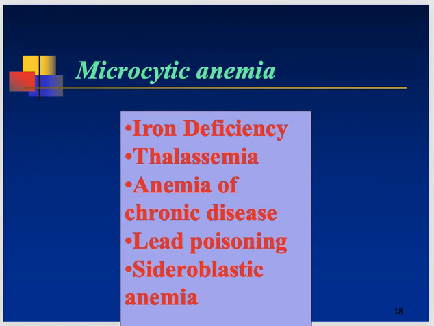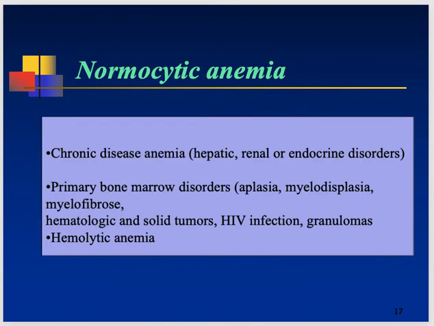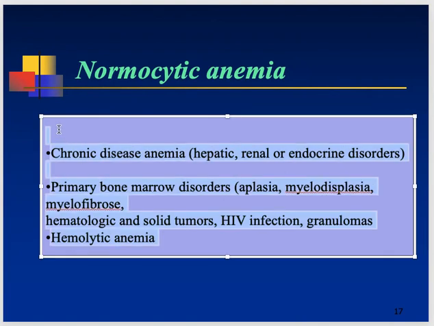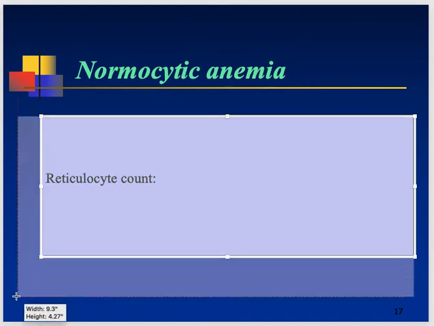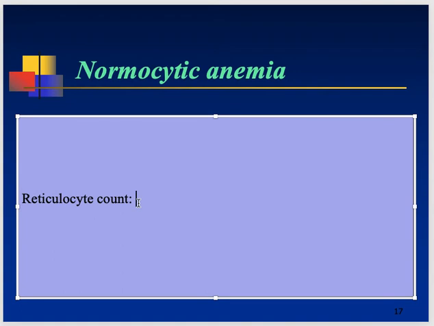Whereas, whenever there is a normocytic anemia, generally speaking, we go for one more test. We check the reticulocyte count. As I told you, reticulocytes are basically the immature RBCs. Why do we check the reticulocyte count?